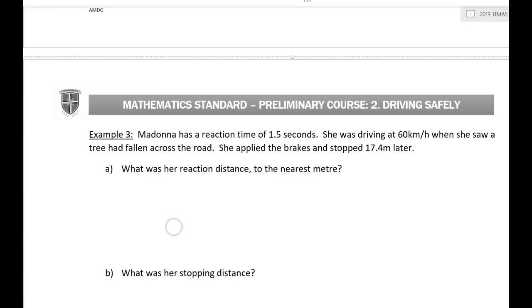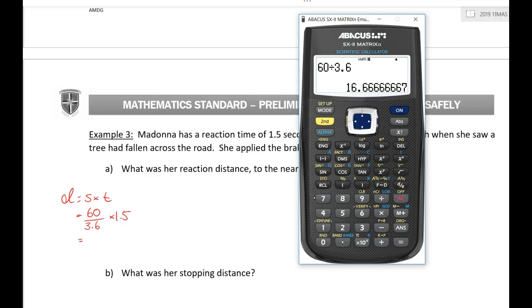So my distance is speed times time, equals, I'm going to say 60 over 3.6, multiplied by 1.5, equals, okay, calculator, where are you? Here we go. Look at that, 60 divided by 3.6, already there.